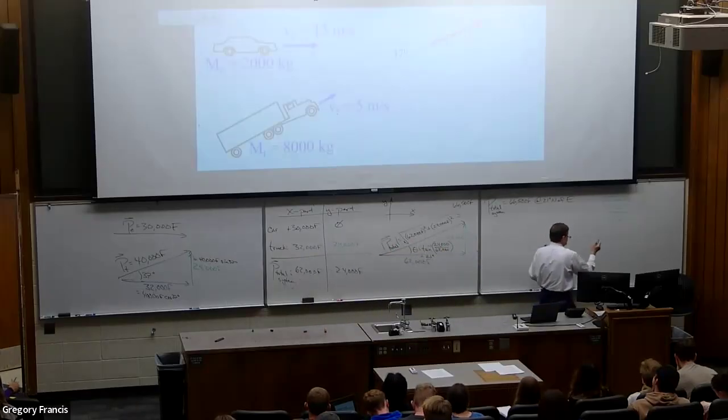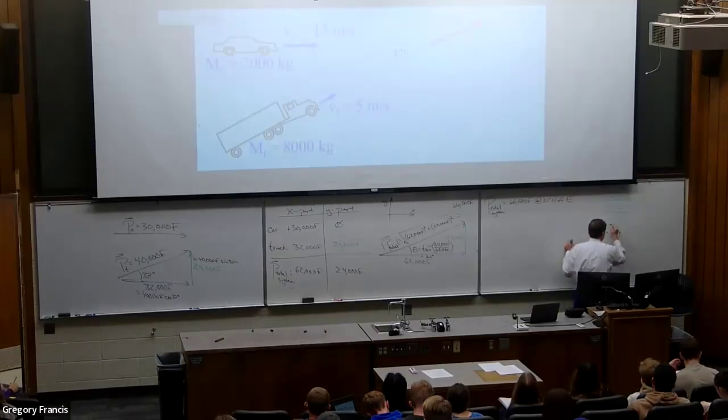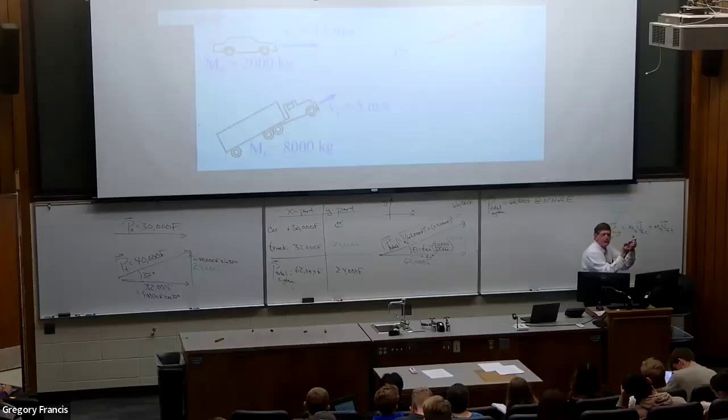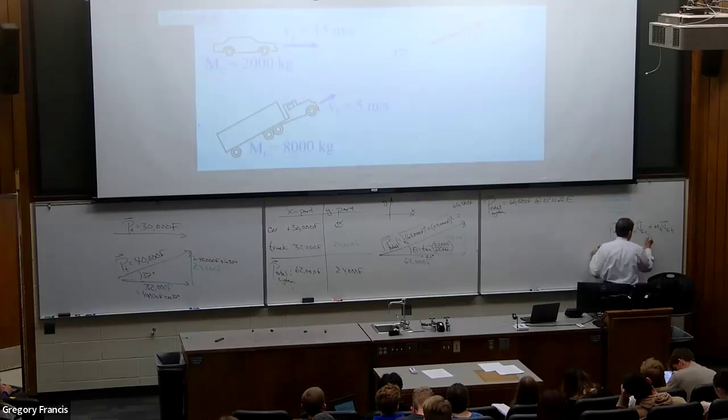Now, in general, the momentum of the system is going to be the mass of the car times the final velocity of the car, plus the mass of the truck times the final velocity of the truck. But because they're stuck together, because they're moving as one unit, these are going to be the same final velocity.